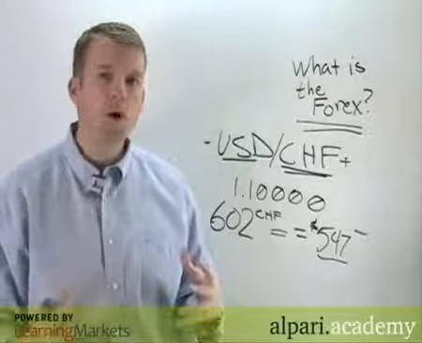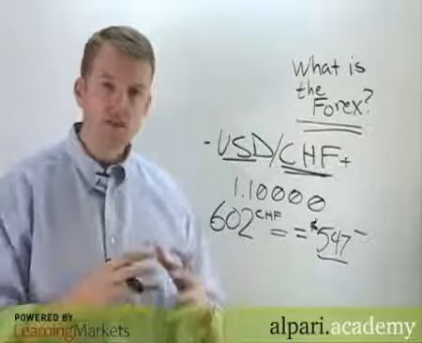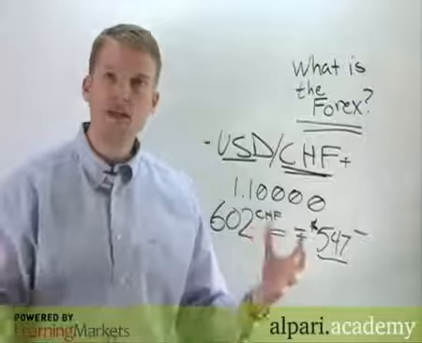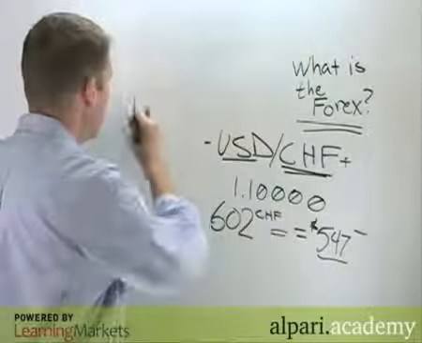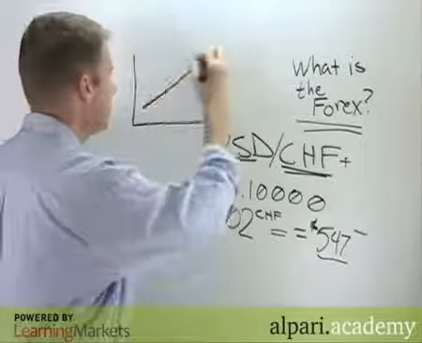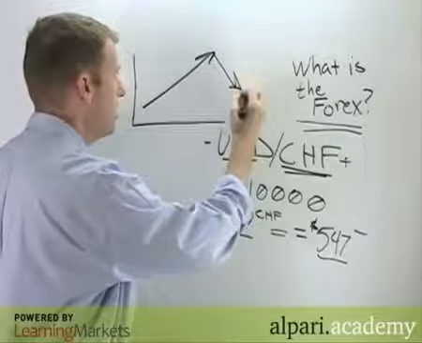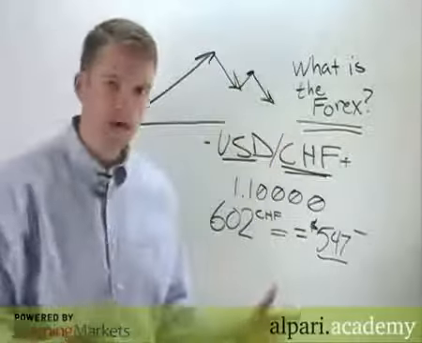Well, this is the same way that the foreign exchange works. The way that you'll see this charted, like any other capital market, is you'll see we've got our chart here, the X and Y axis, and you'll see trends that look like this, just like anything else that you would see in any other capital market.